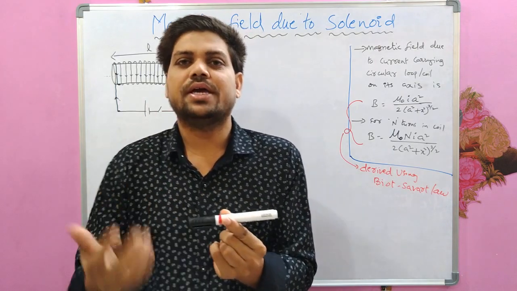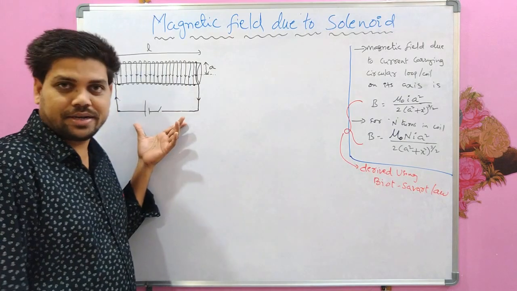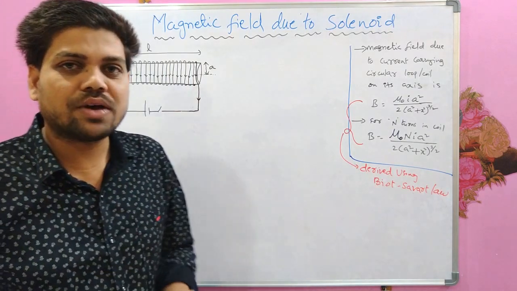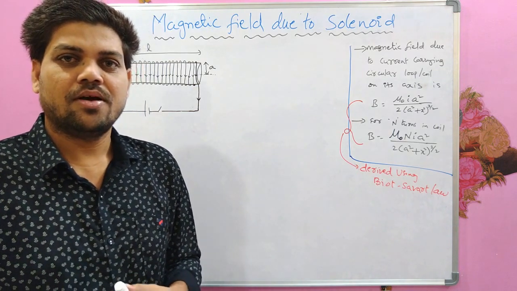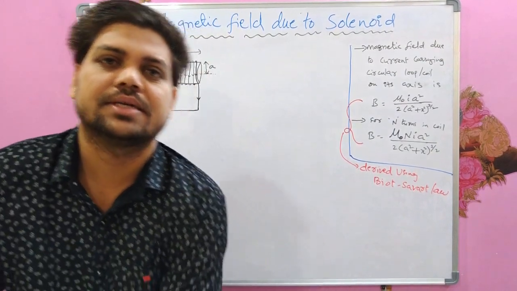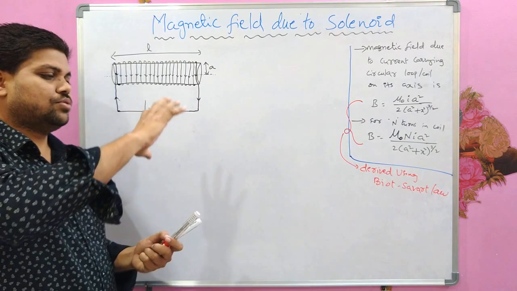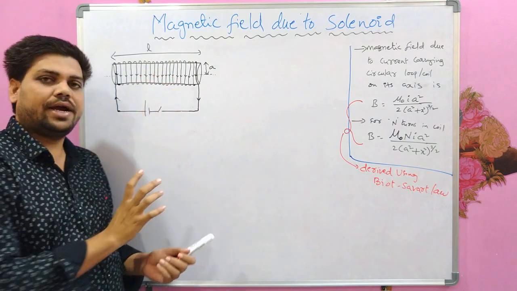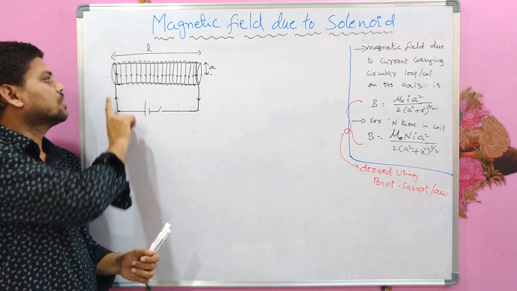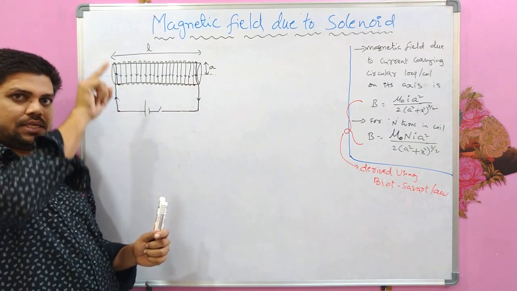So how do we identify the poles of this solenoid if this is acting like a magnet? This can be done with the help of the clock face rule. What is the clock face rule? If you see this solenoid from this side, if you observe, the current direction is in the clockwise direction like this.